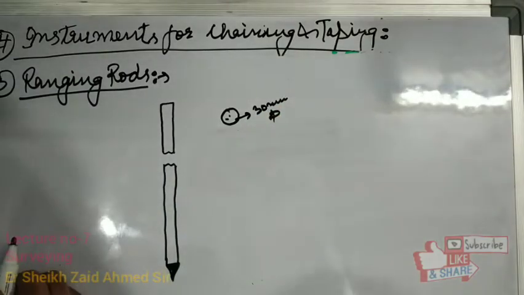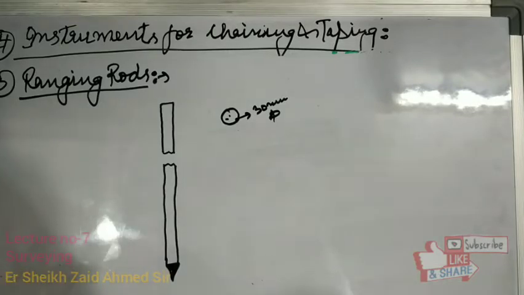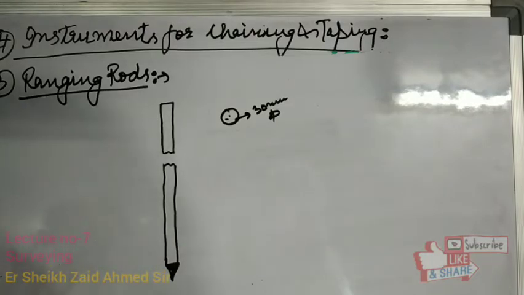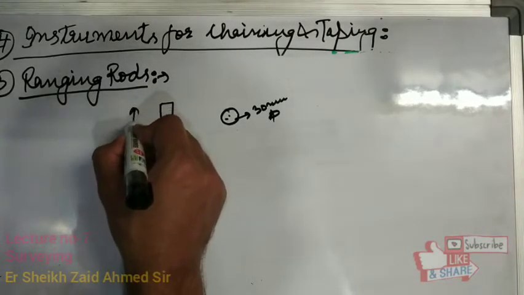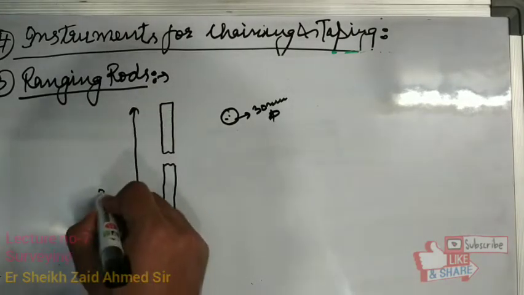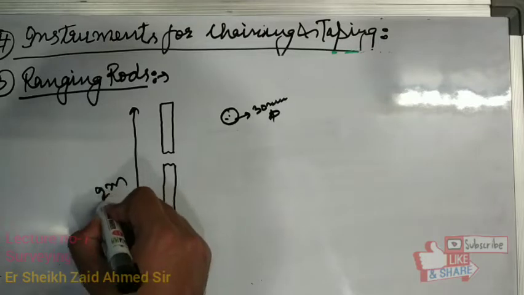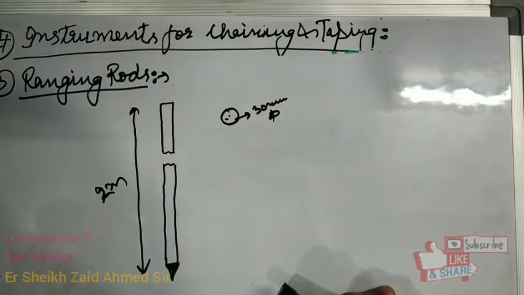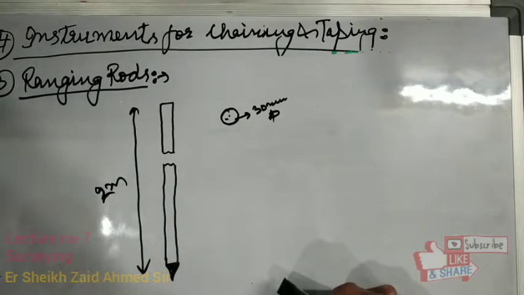Usually they are circular in cross section, but sometimes octagonal cross section is also used. See, there are two types of ranging rods based upon their length. First one is 2 meter in length, and second one is 3 meter long.